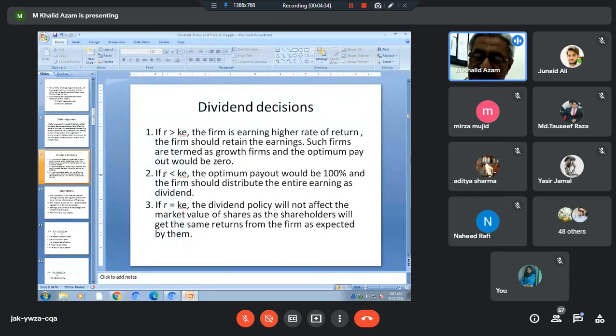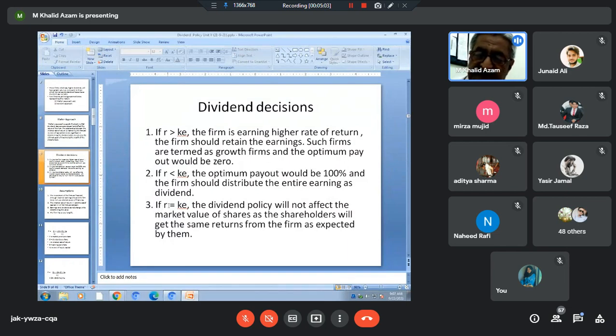There is another situation, where the rate of return is less than the cost of capital. This is the declining firm, where the return you are giving is less than the cost related to the cost of equity.